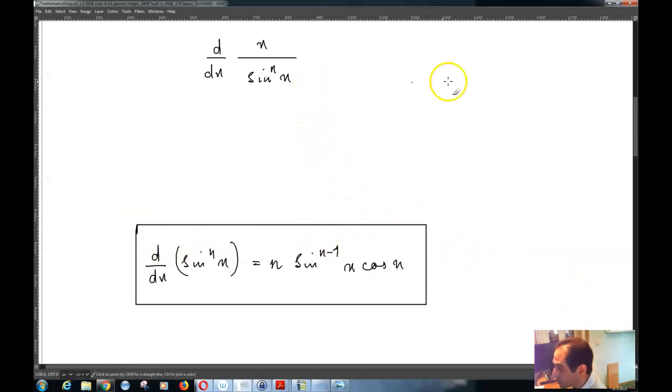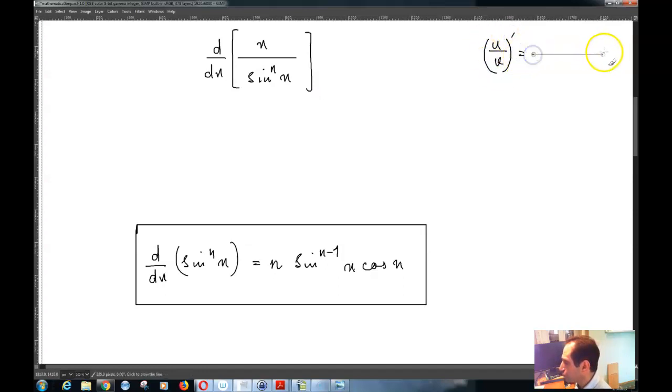So now here you have d by dx of this function, which is the same thing as u divided by v whole prime, which is equal to u prime times v minus u v prime over v squared.